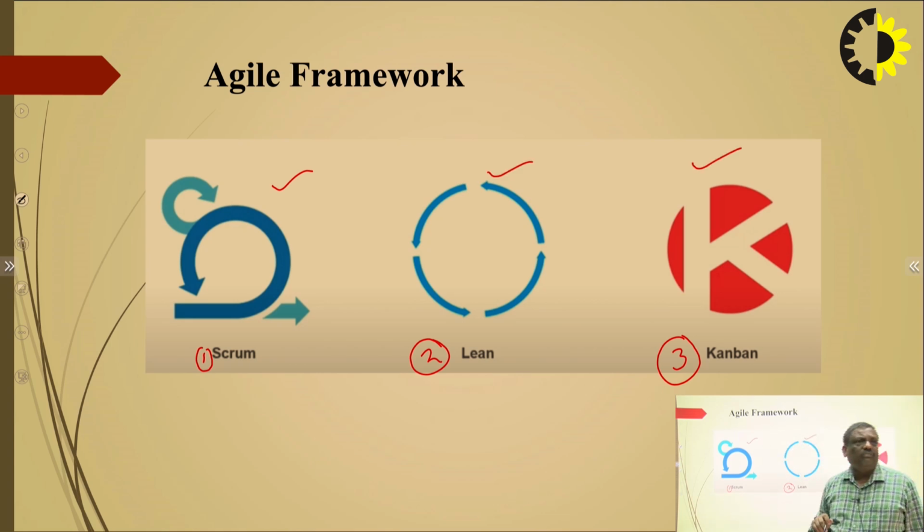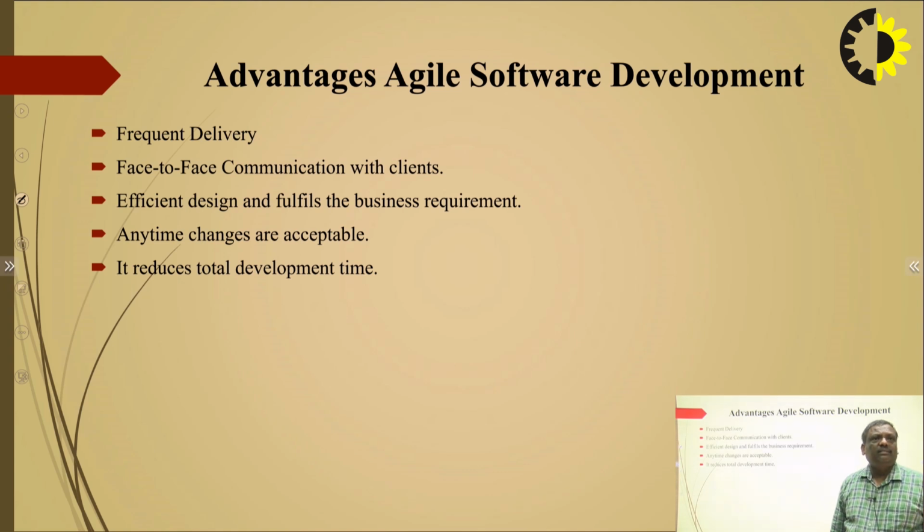The software development team wants to work very efficiently in these three frameworks. Now the advantages and disadvantages. The advantage is frequent delivery of the project. This is very important because every client wants a project completed within a given time.